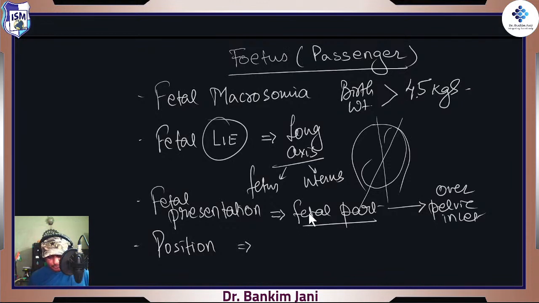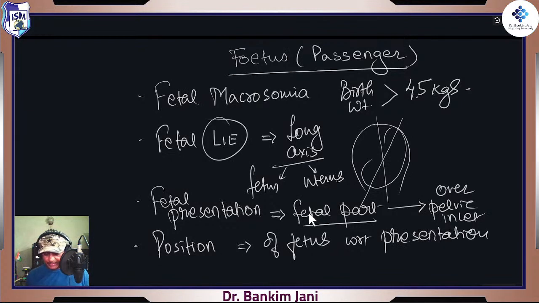So it is that position of the fetus with respect to presentation. Now you know very well that that's how the fetus is there, so what is its position so that which part would appear first?